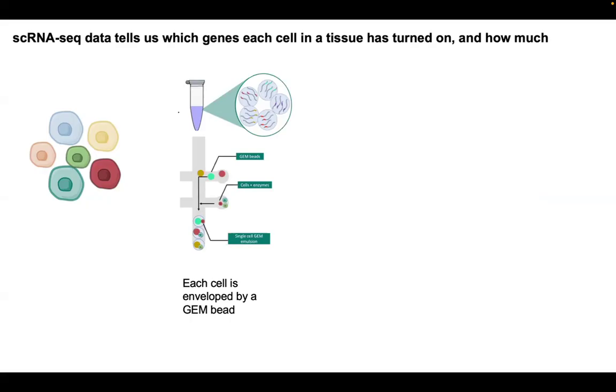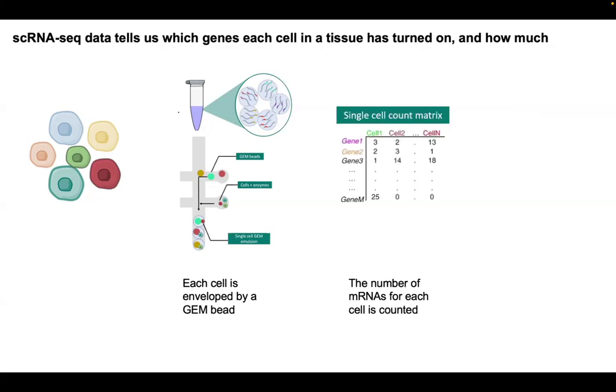So each gel bead has exactly one cell, and this cell has some mRNA. The remarkable thing is that each gel bead distinguishes which mRNAs come from which cell. Based on this, we can have a cell gene matrix.